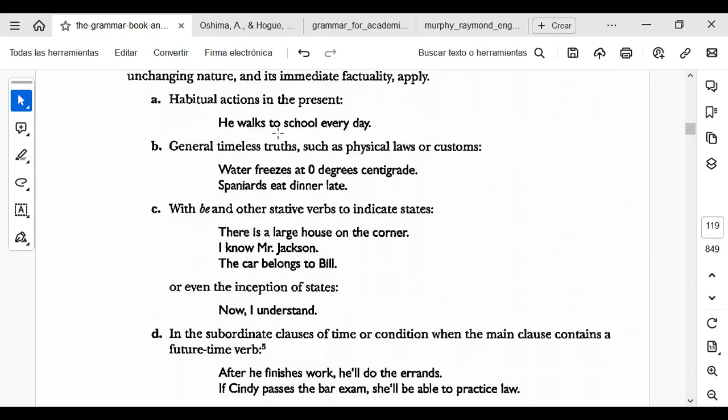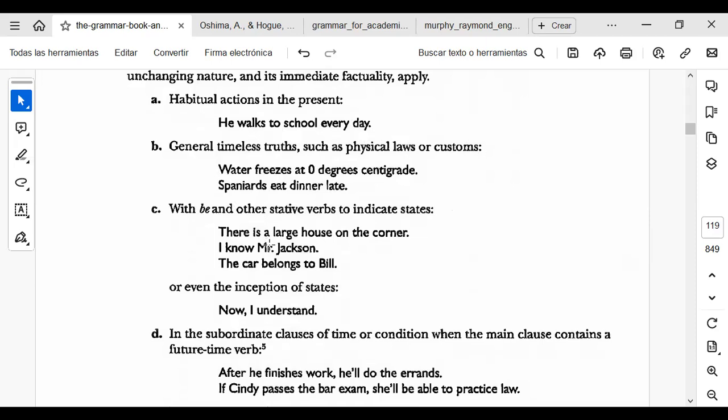Habitual actions in the present. B, general timeless truths, such as physical laws or customs, okay? Physical laws or custom. For example, water freezes at 0 degrees centigrade. Spaniards eat dinner late.